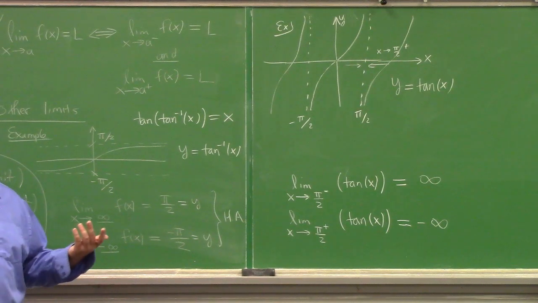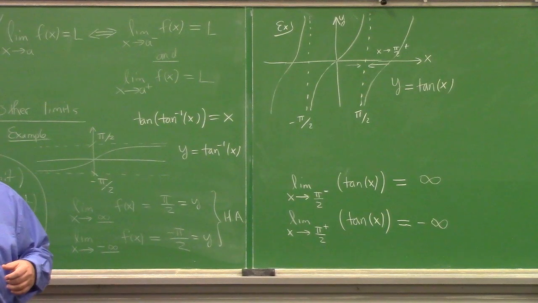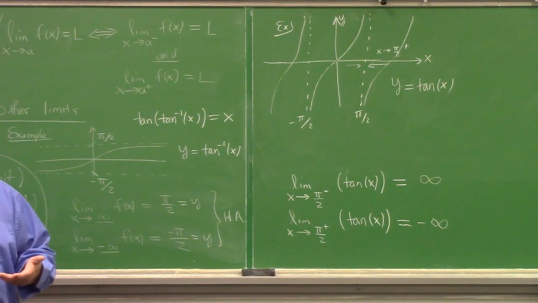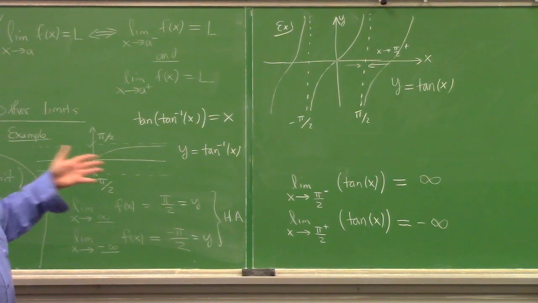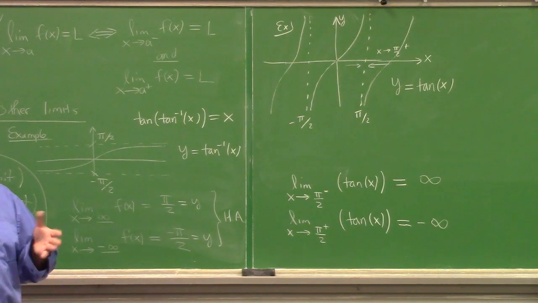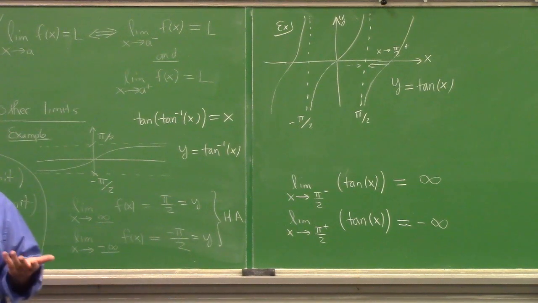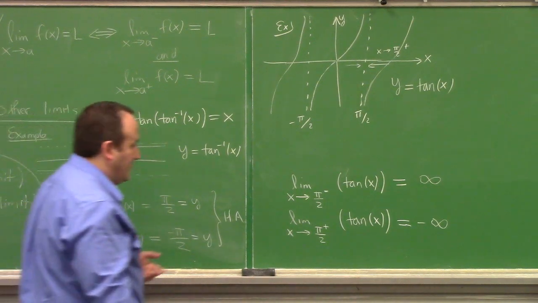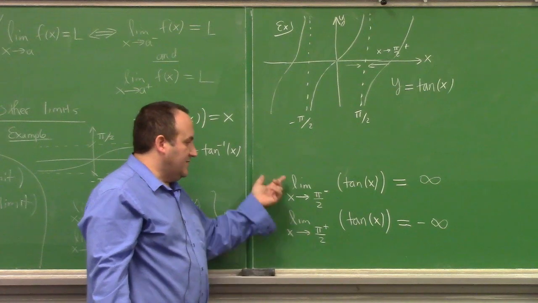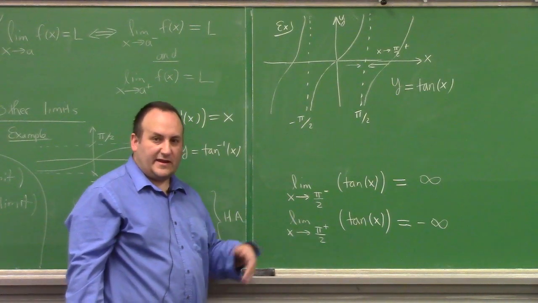Because it's going to minus infinity on one side, it's going to infinity on the other. But the truth of the matter is the left and the right limits here also don't exist. What do you mean? I mean, they don't exist as real numbers, right? They're infinity or minus infinity. Those are not real numbers. This is a notation that expresses the function getting really large or really negative.